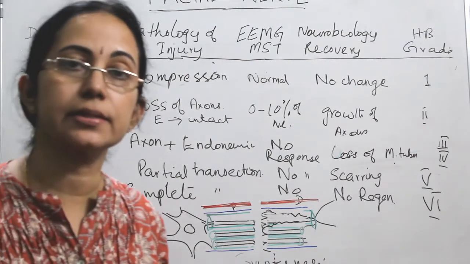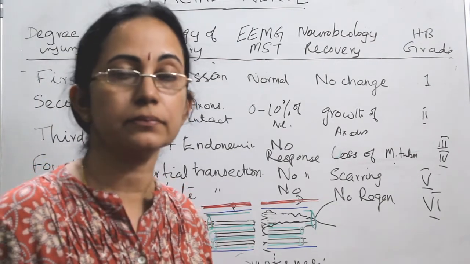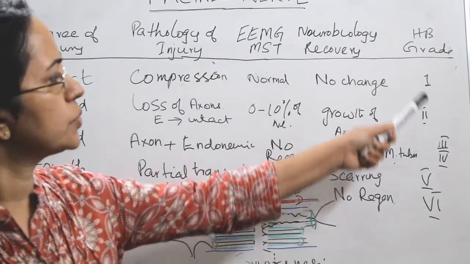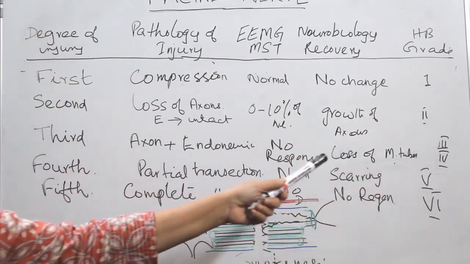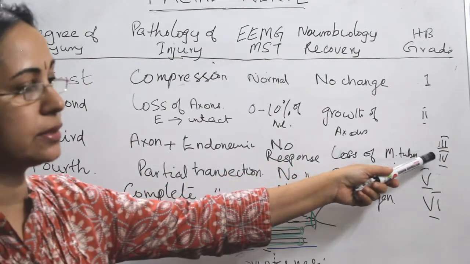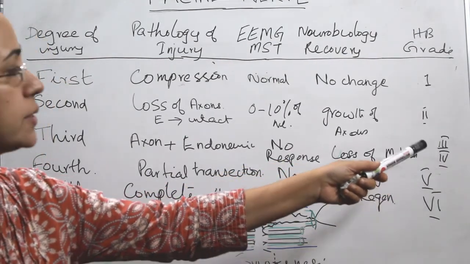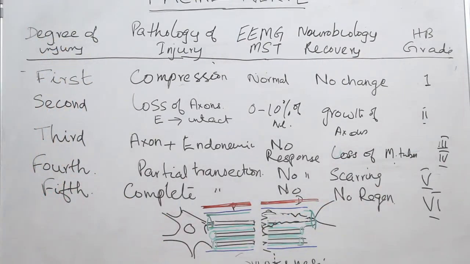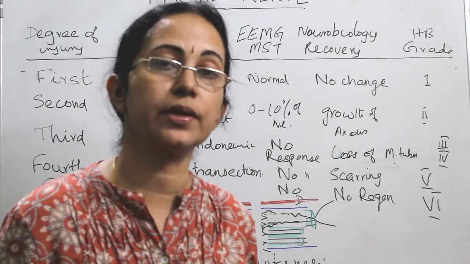So there will be synkinesis, and muscle spasm can also occur. House-Brackmann grading is 3 or 4. Grade 3 is moderate dysfunction, obvious weakness but not disfiguring. And grade 4 is moderately severe dysfunction, with obvious disfiguring weakness.